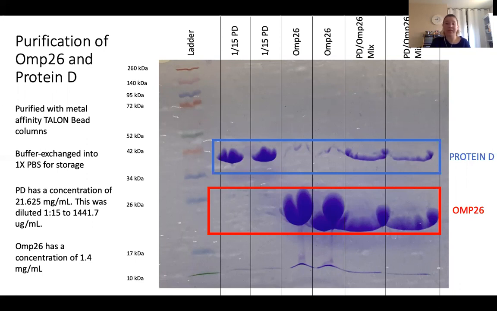Those are the 2 proteins present, and therefore they're pure. Same with protein D. With OMP26, there's a little bit of cross-reactivity. We think that somehow a little bit of protein D is also expressed and purified with OMP26 as part of the genetic component. However, OMP26 is fairly pure.